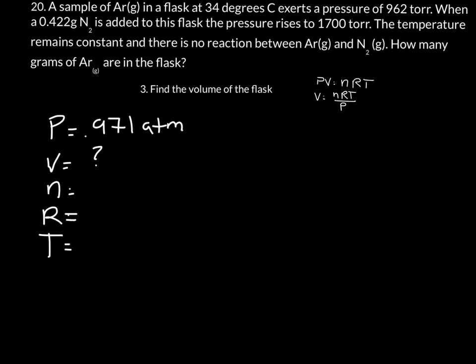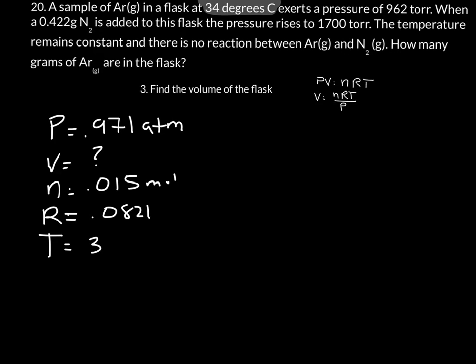The moles of nitrogen gas that we found was 0.015 moles. And then we're going to use our constant, 0.0821. And then the temperature, which we've been given here, which is 34 degrees Celsius. We're going to convert it to kelvins by adding 273.15 to it.